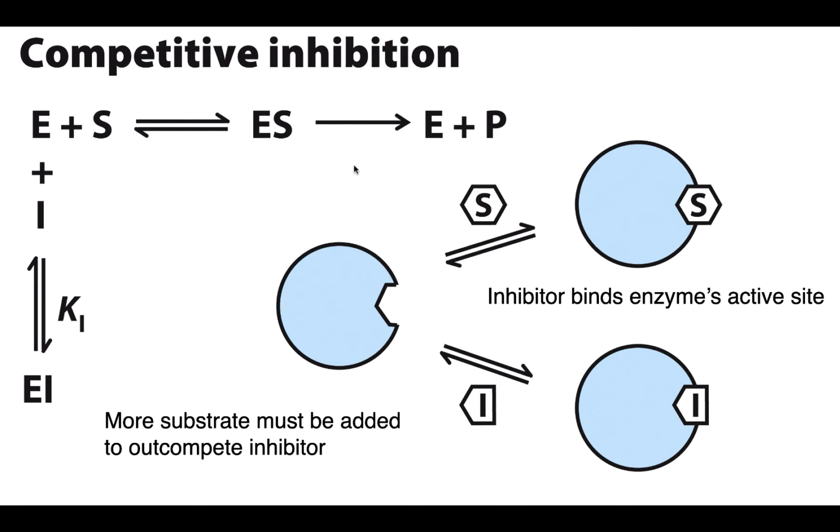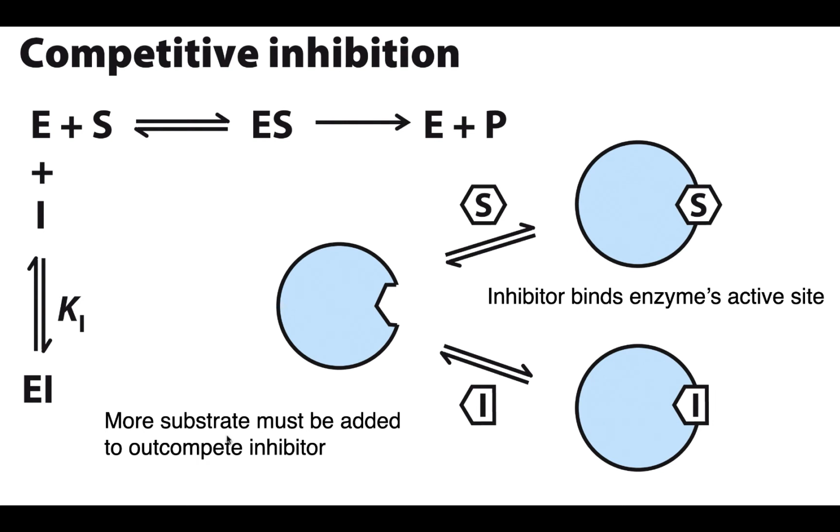Now, the inhibitor binds the enzyme, and the only way that we'll get that enzyme to be rid of the inhibitor is to saturate it with substrate. So if we added more and more substrate to that reaction, we would eventually be able to outcompete the inhibitor for binding to the enzyme.